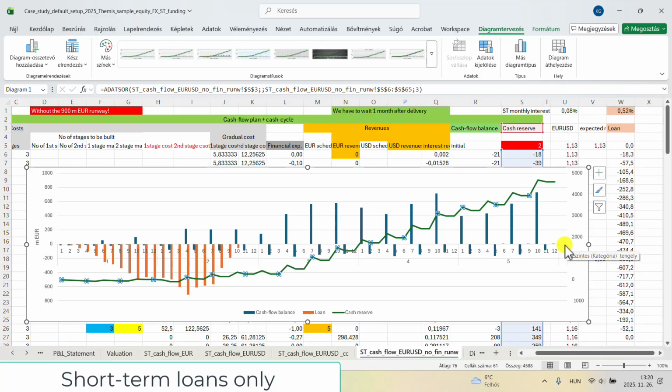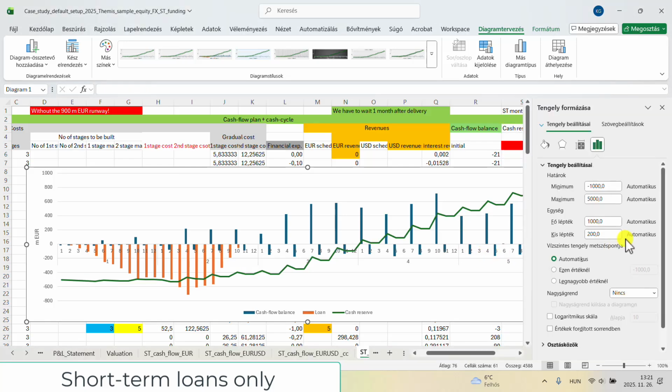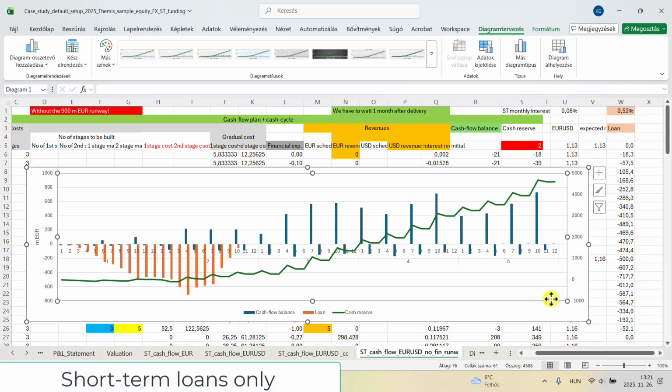It would be so nice if the 0 would be at the same place. Oh, no, okay.